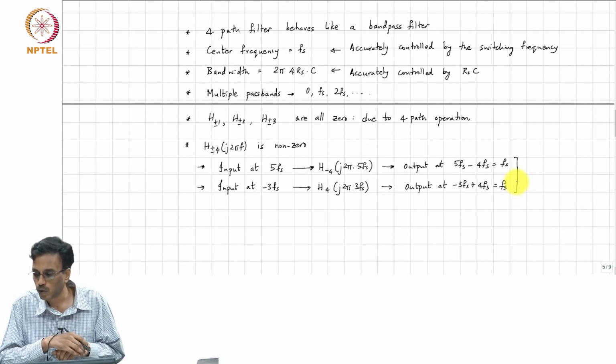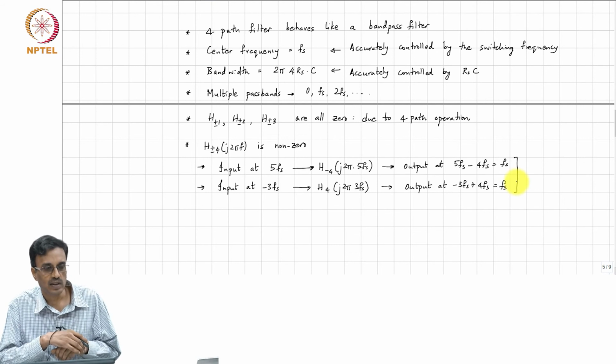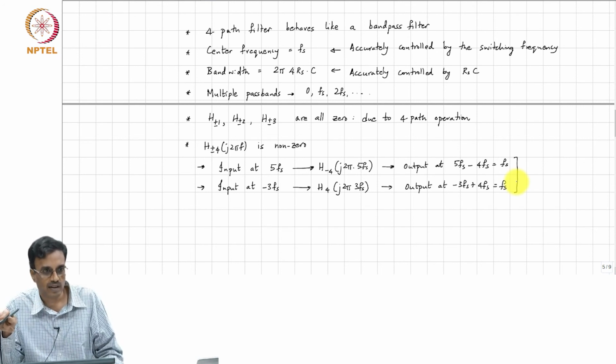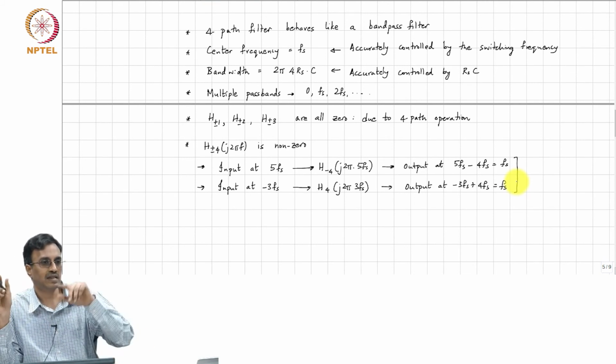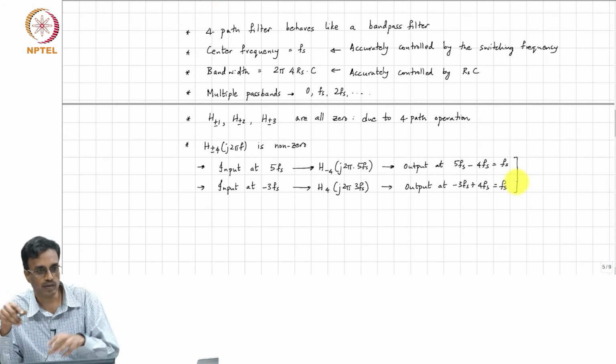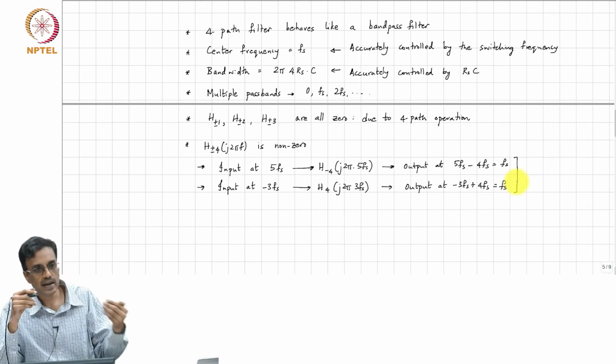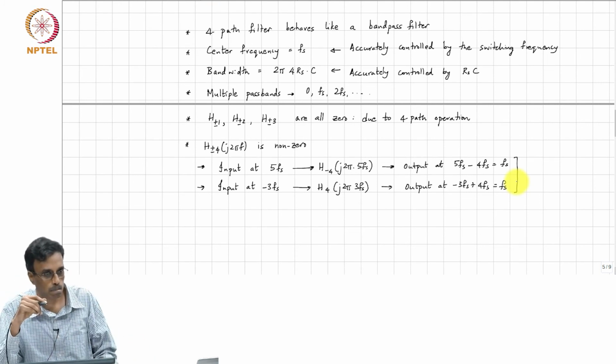So, we will be confused as to whether the output at fs is genuinely our filtered input, or some extraneous tone at either 5 fs or minus 3 fs or whatever, which is getting translated, right.